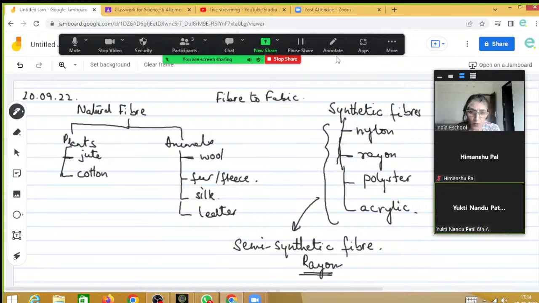Is it rayon? I think it's nylon. No, not nylon, that much I'm sure. So what is it? Himanshu, the fiber, the cloth, these are all what?